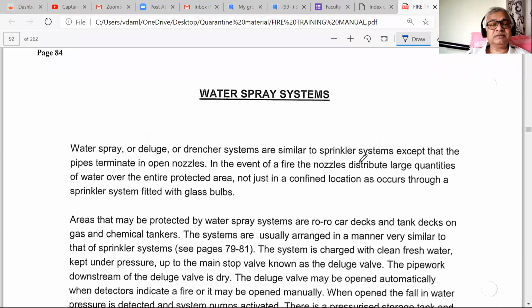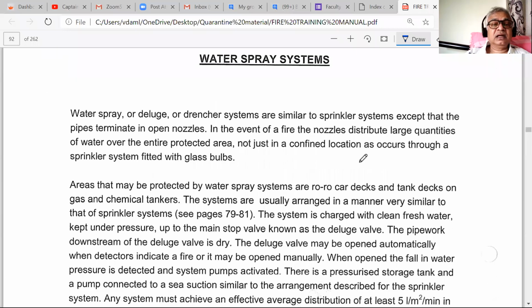Now what happens is, when we realize that water is there, you can always keep this extra stock, which is not really that bad because ships also produce fresh water. So it is not a big issue. Thing is, if we have got any sort of water spray systems, it is going to cool. Why? Because it puts water over the large surface and the heat is absorbed.